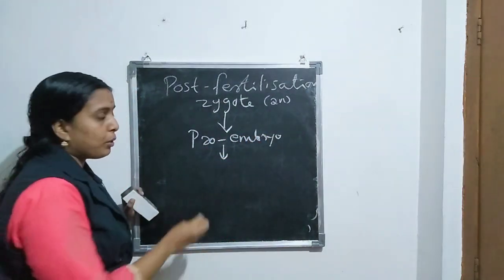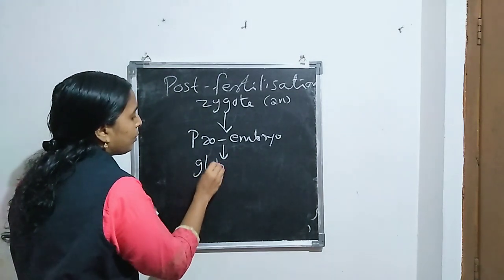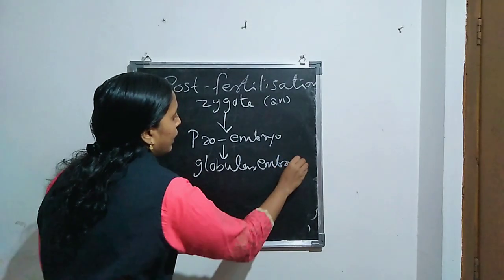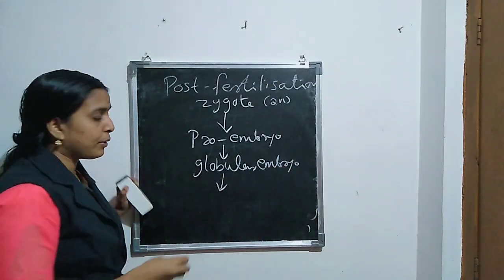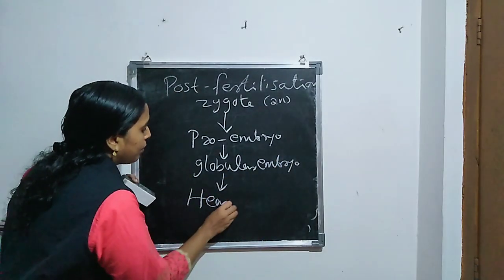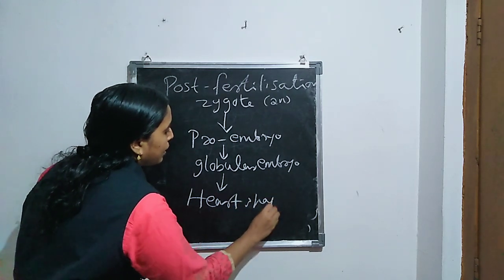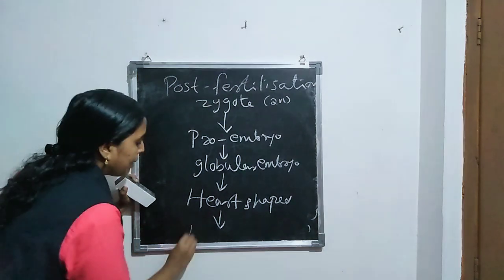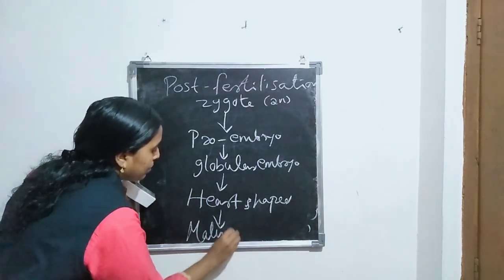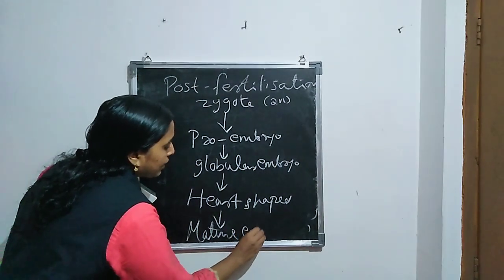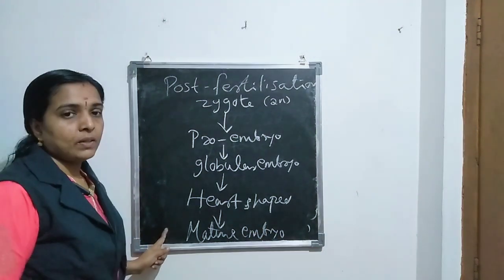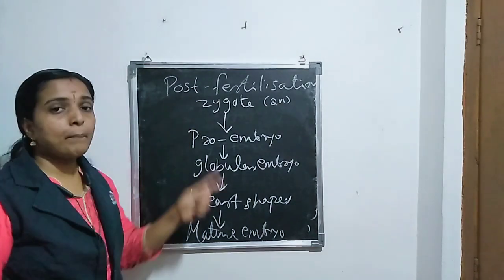Then pro-embryo becomes globular embryo. Globular embryo becomes heart-shaped embryo. Then heart-shaped embryo becomes mature embryo. This arrangement is called embryogeny.